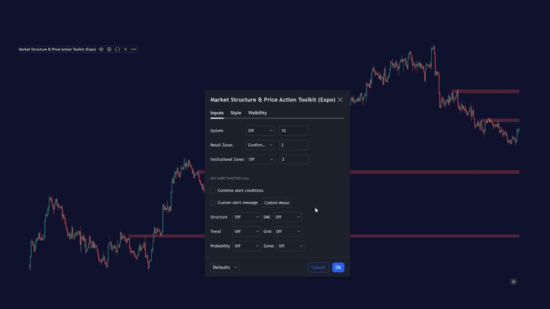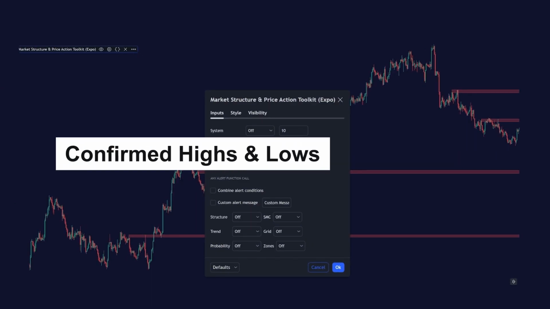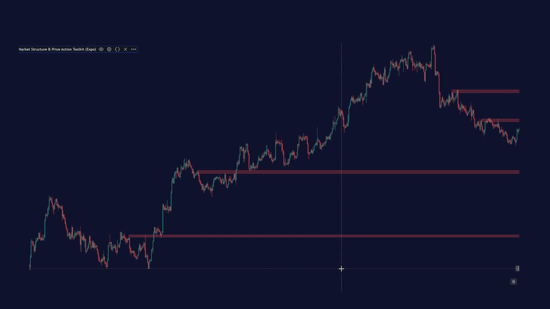All right, let's have a look at our confirmed highs and lows. They are considered breakout levels and we should trade retests of these levels like this. So it basically works like this.